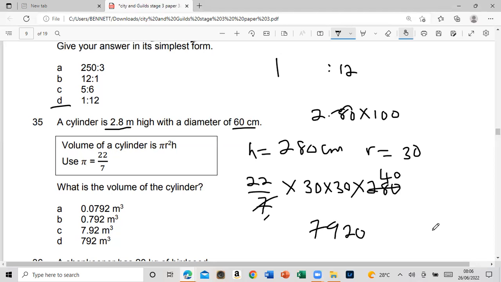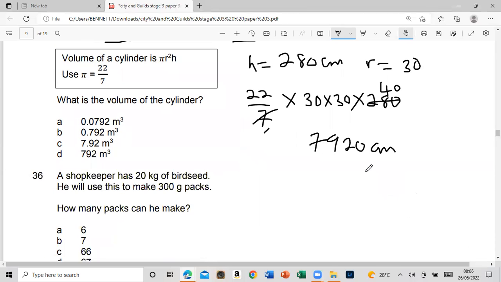Now to convert from centimeters back to meters, we're going to divide by 1,000 for cubic units. Let me use my calculator.